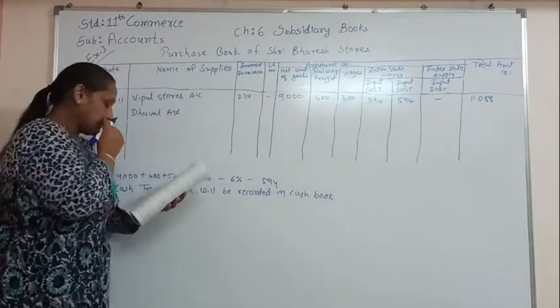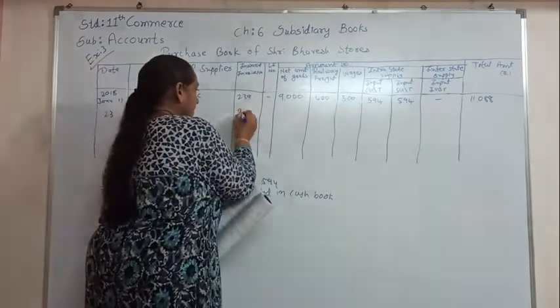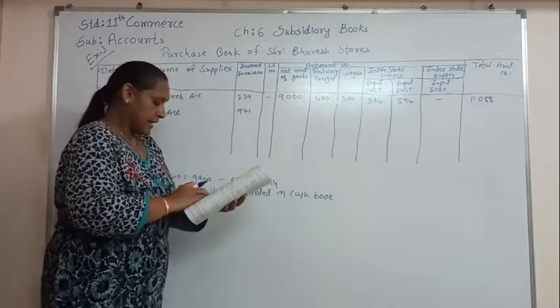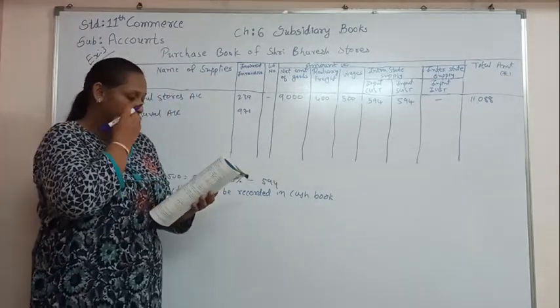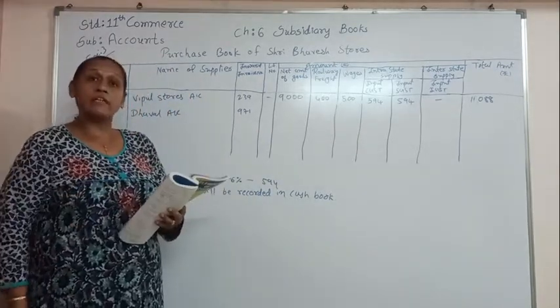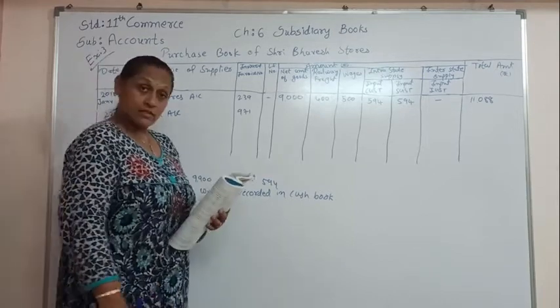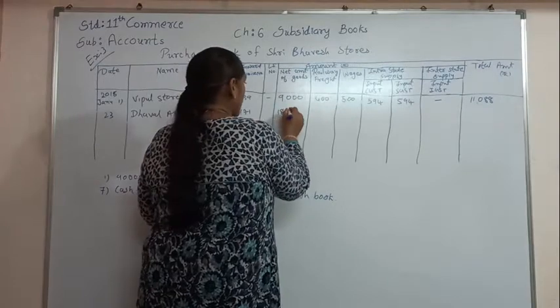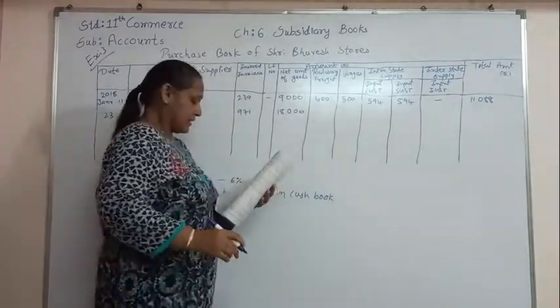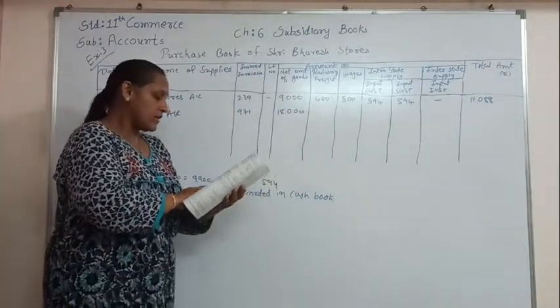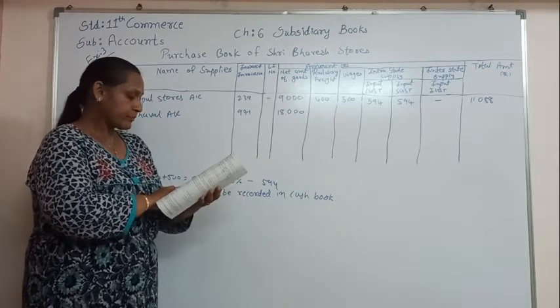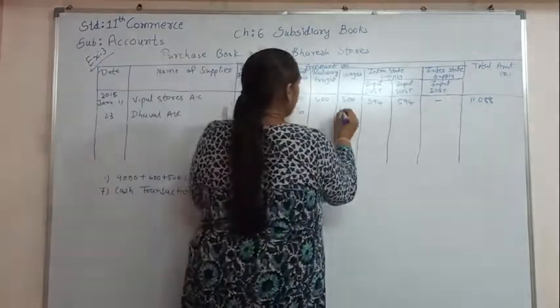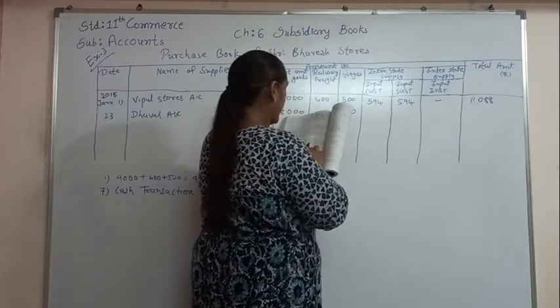and invoice number is 971, and the amount of goods will be 20,000, and after 10% trade discount, that will be 18,000. So the total amount of goods will be 18,000, and again we have seen that there is labor of 250 and railway freight of 350.